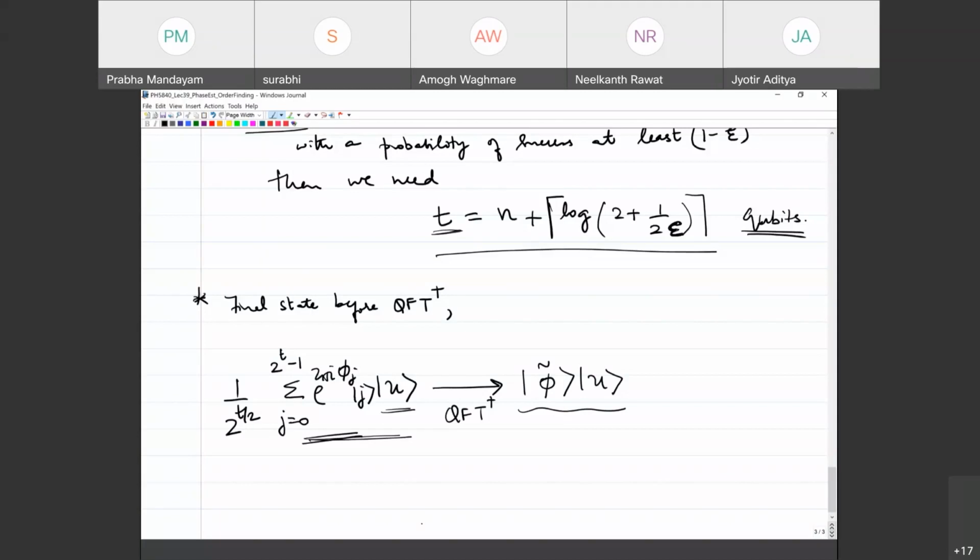You can basically write down the inverse Fourier transform fully. Here I've just said an ideal case, where it just gives you phi tilde, and phi tilde is maybe exactly phi. But in the non-ideal case, this is going to be some phi tilde which is in the vicinity of phi. Okay, so that is where this probability epsilon comes about.